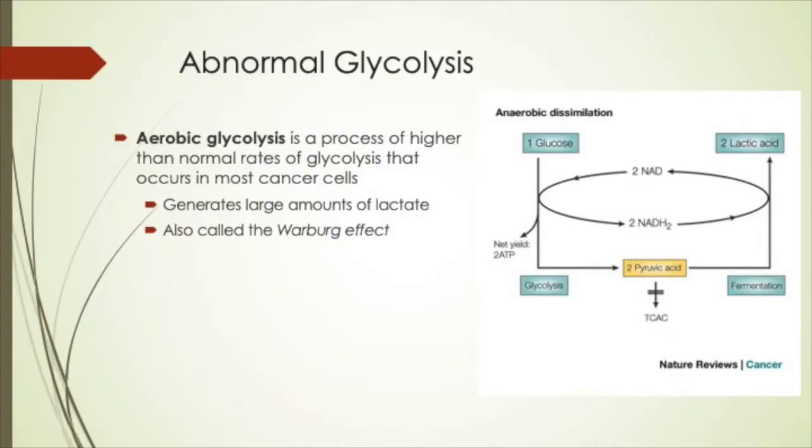So there's also different types of glycolysis, and there's aerobic glycolysis, and then there's called abnormal glycolysis. So aerobic glycolysis is a process of higher than normal rates of glycolysis that can occur in cancer cells. This is something that's called the Warburg effect.